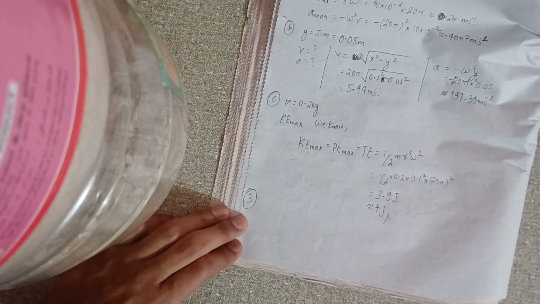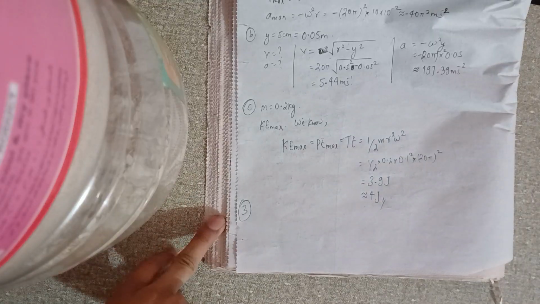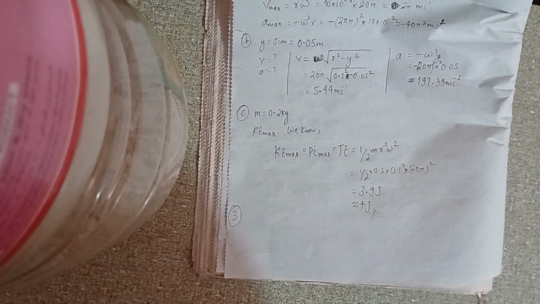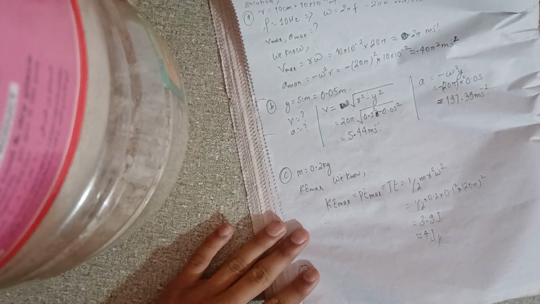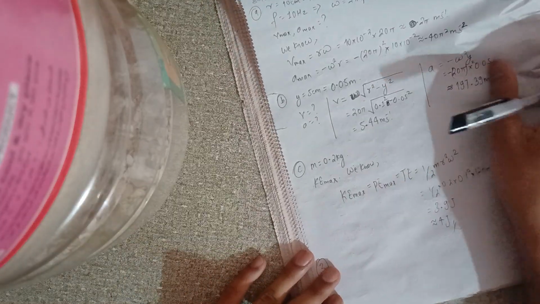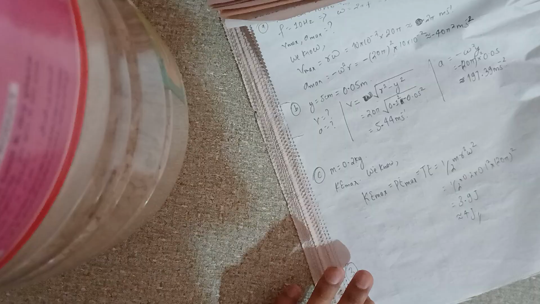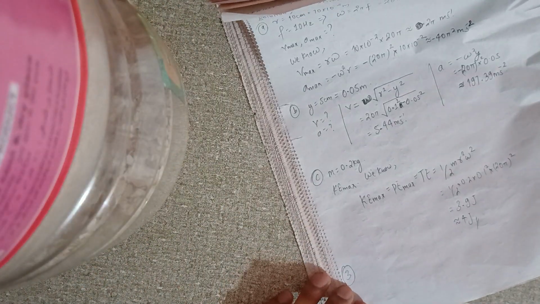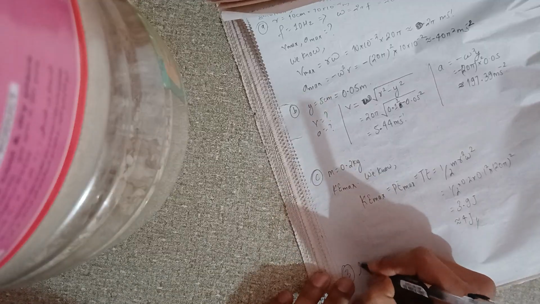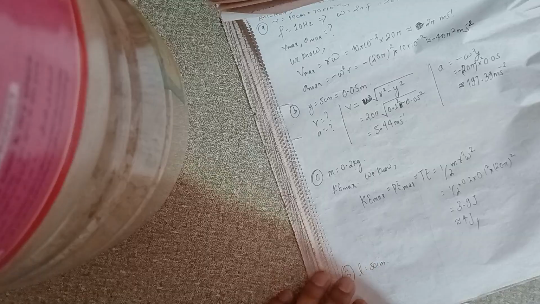Question number 3. Let me write it down. You will do it yourself. That is your homework, let's assume. After landing on an unfamiliar planet, a space explorer constructs a simple pendulum of length 50 centimeter. I'm not copying the question because it is not a deep question.